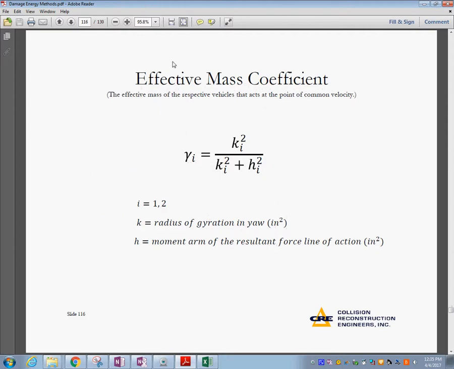There is a concept in here to alleviate this, this compensation.